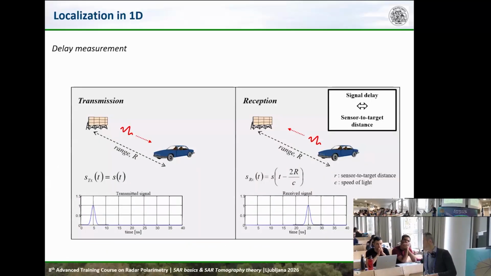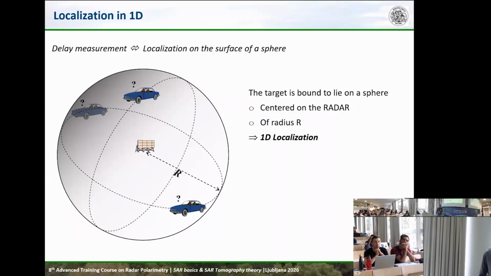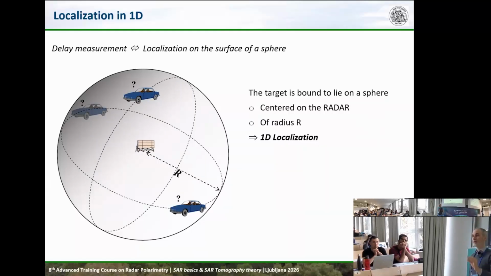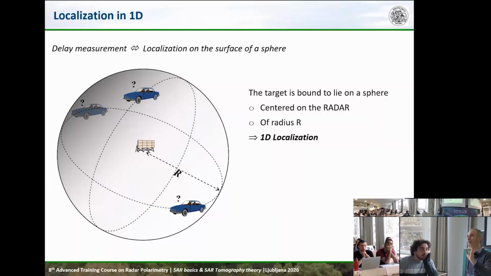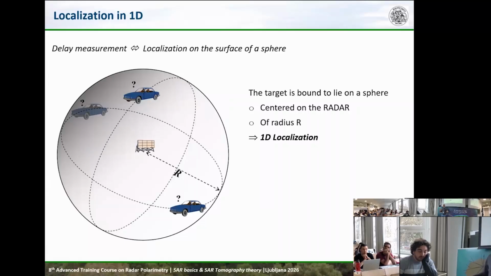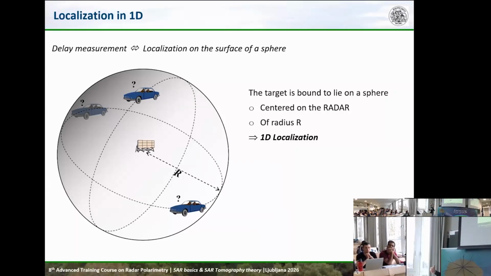This means that after a single radar experiment, you are able to localize an object in one dimension. You already know its distance from the radar, so you can tell that the object is on the surface of a sphere with a radius r that you could measure.